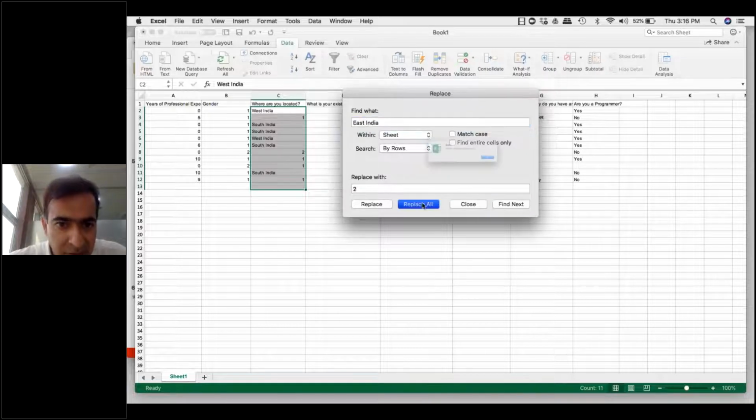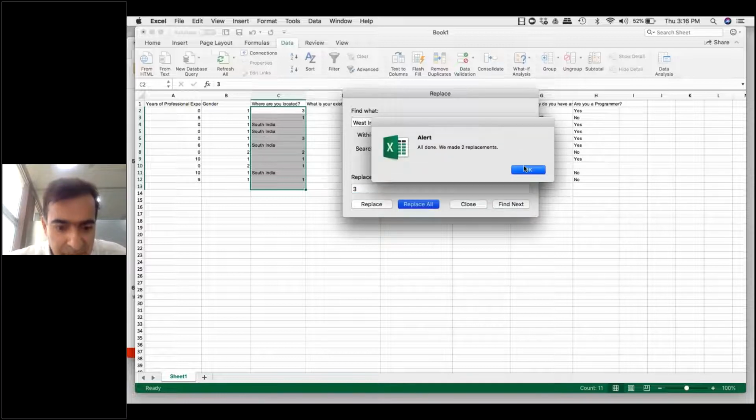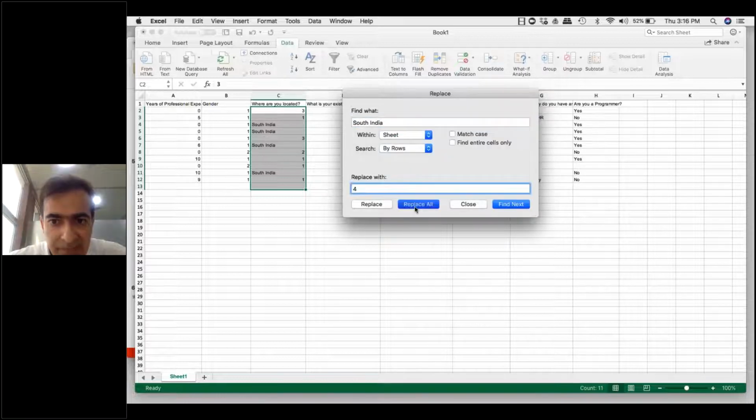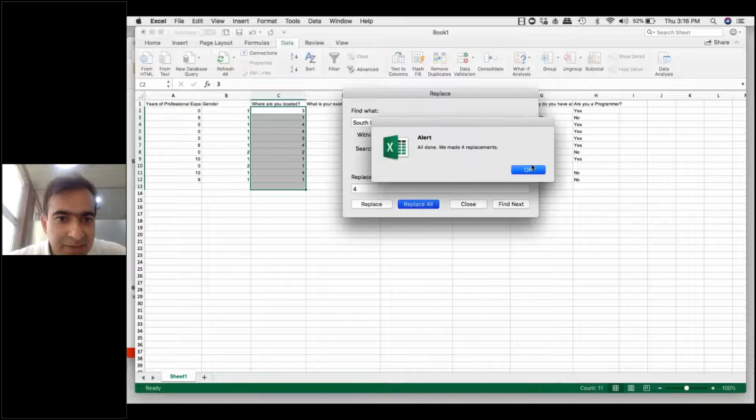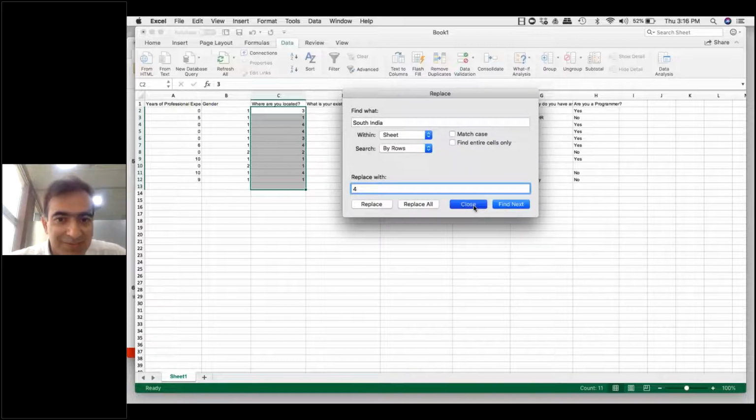West India by 3, 2 from West India, and South India by 4. Replace all. 4 from South India. Great. So it seems there are equal numbers of people from North India and South India. So it's fairly equally divided also.